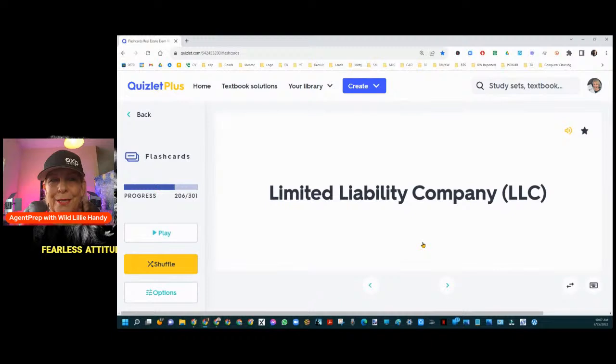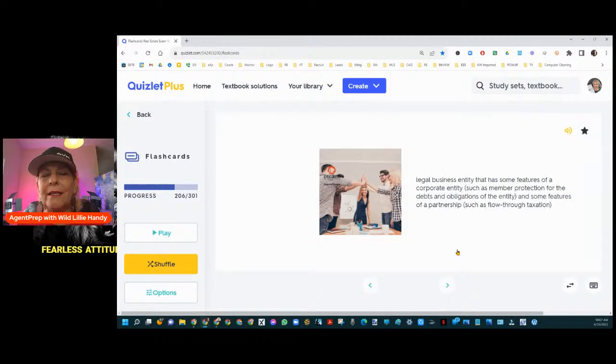Limited liability company, LLC. Remember to know your acronyms. So this is a legal business entity. A lot of investors that start buying real estate and have multiple properties will get a limited liability entity so that the properties are under that company name. It has some features of a corporate entity, such as member protection for the debts and obligations of the entity, and some features of a partnership, such as flow-through taxation.